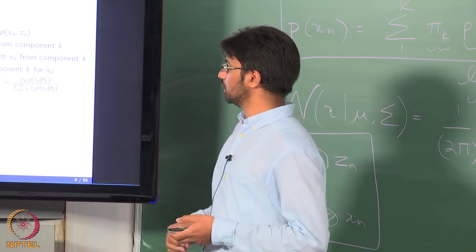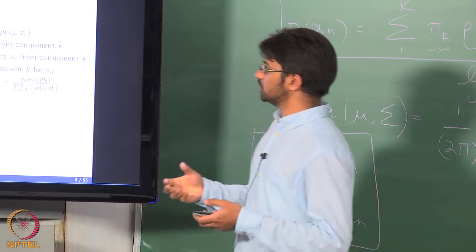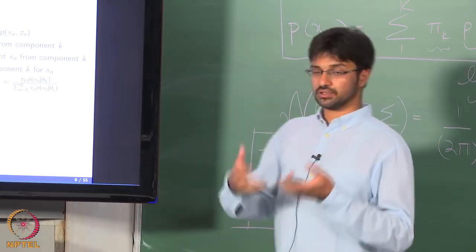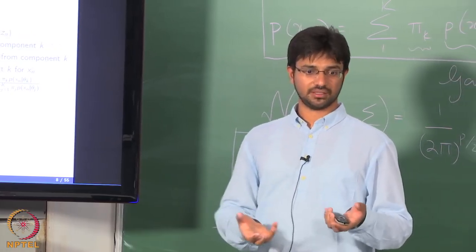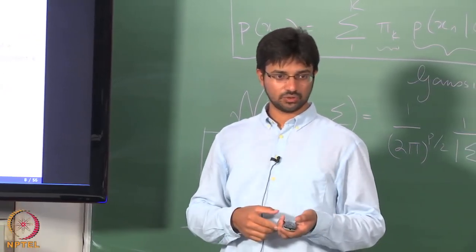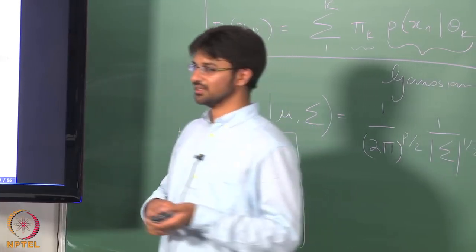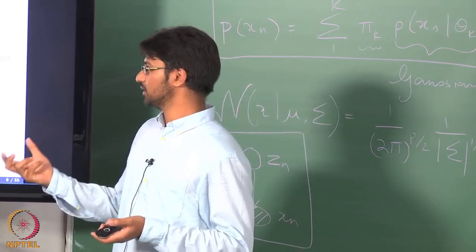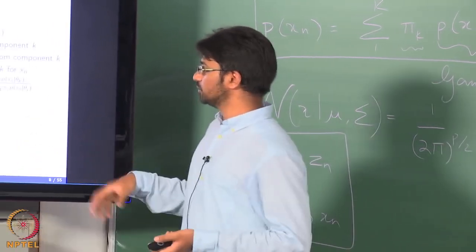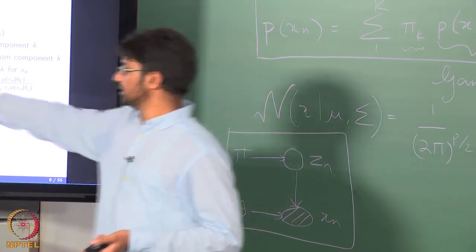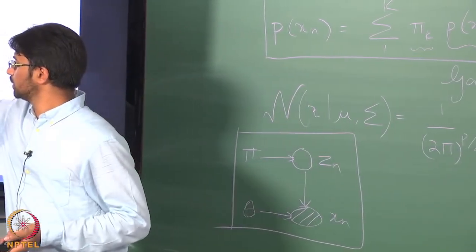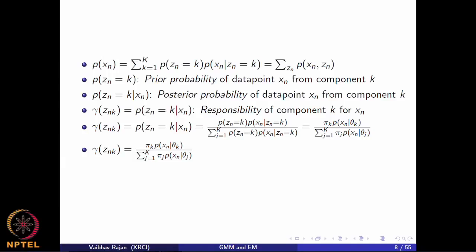Okay. Now suppose you are given some data set, like the data set we saw from Snoqualmie Falls, and then you are asked to find what is the label Zn for the corresponding data point.